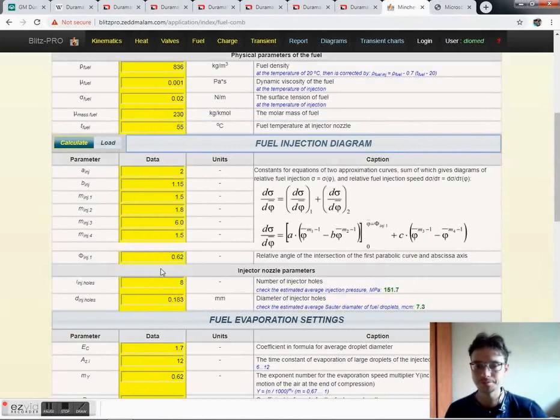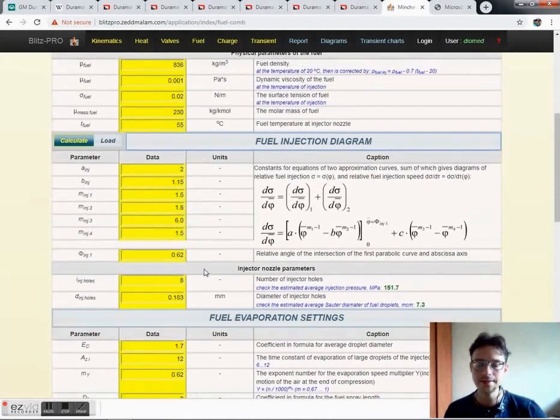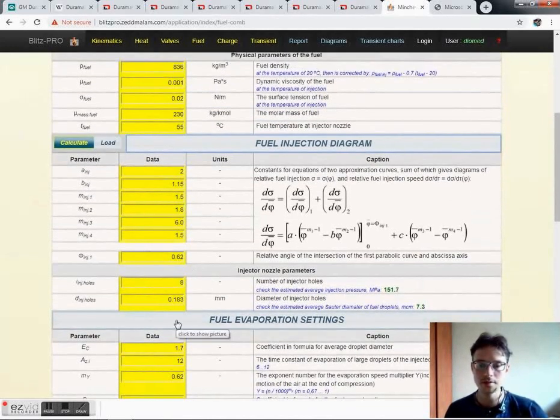Another important thing is how to choose and set up the injector for the engine. Generally, it could be not so easy to find information from the manufacturer about the fuel injector they use on their engine.